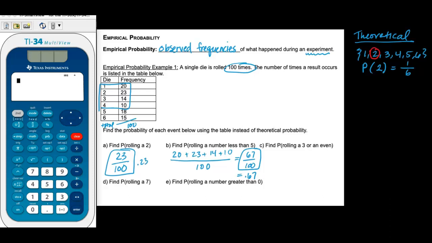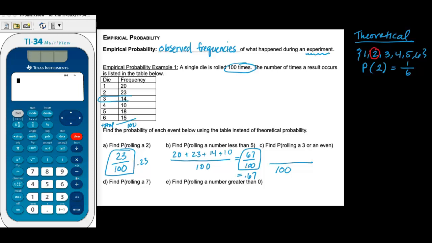And then C, what's the probability of rolling a 3 or an even number? Let me go ahead and erase the last one here. Let's look at our chart, and out of 100, so it's always going to be out of 100, we're going to circle the frequencies that represent either rolling a 3 or an even.